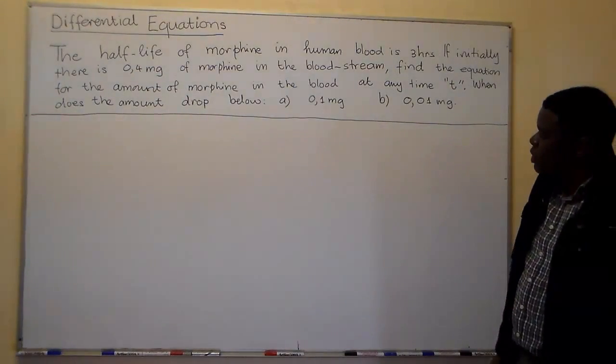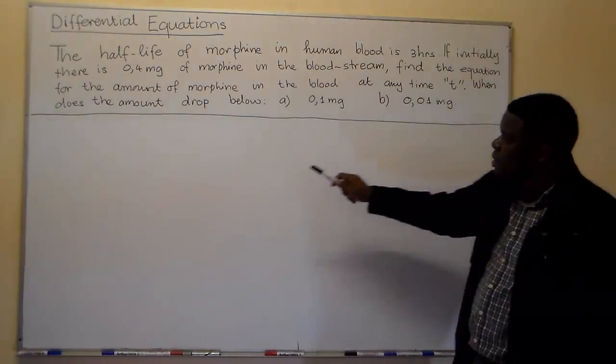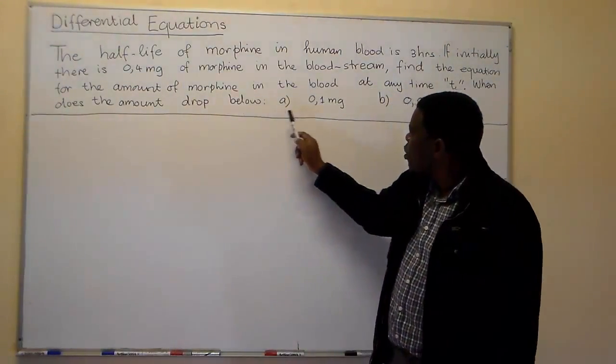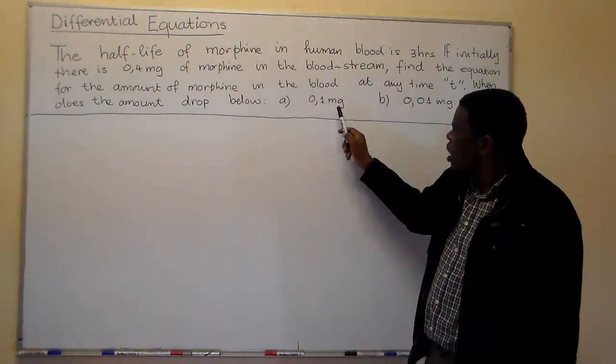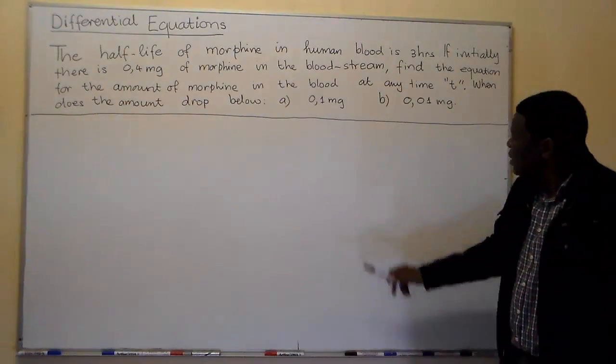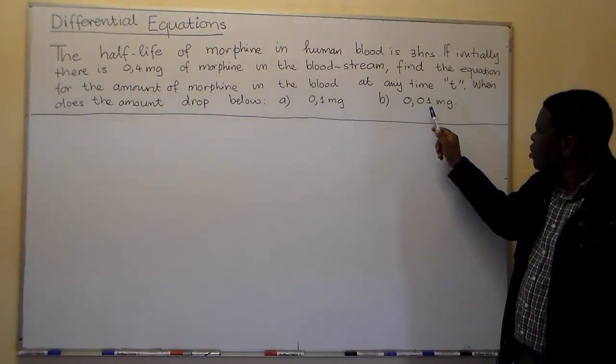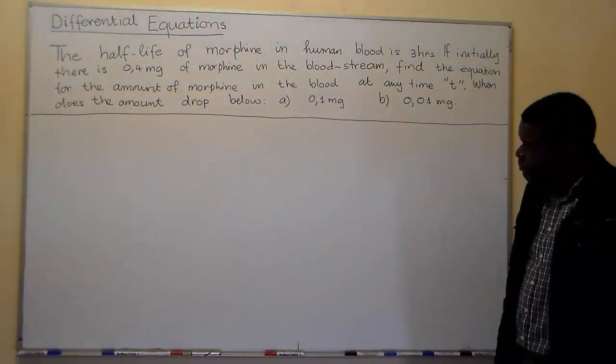And then this following question asks, when does the amount of morphine drop below 0.1 milligram? And secondly, when does it drop to below 0.01 milligram?